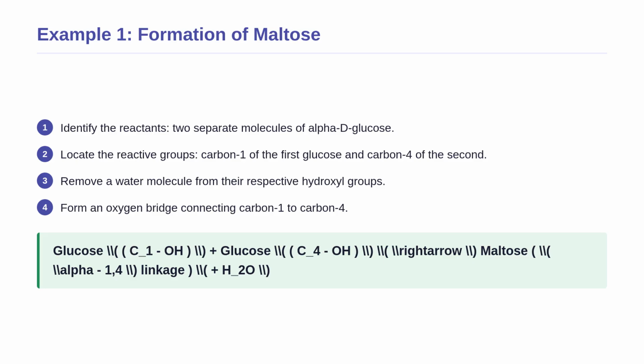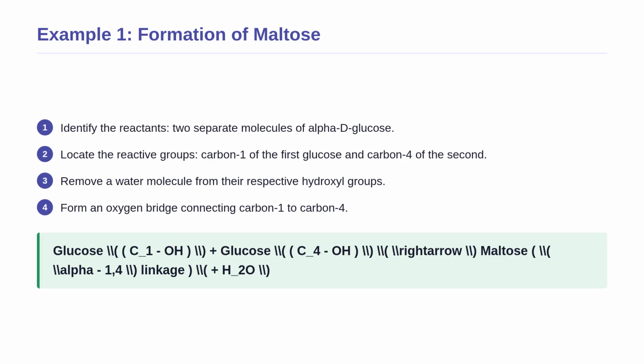Before we move on, let us see this chemical equation in action with a concrete example, the formation of maltose. We are given two separate molecules of alpha-D glucose. Our goal is to understand how they combine. First, we identify the reactive groups. We look at the first carbon, the anomeric carbon of the first glucose, and the fourth carbon of the second glucose.